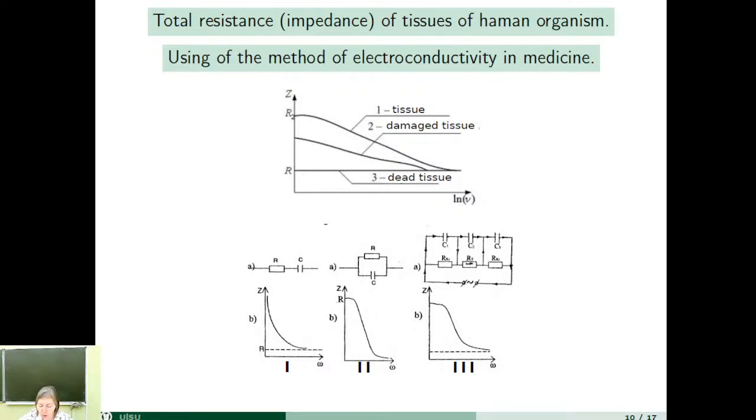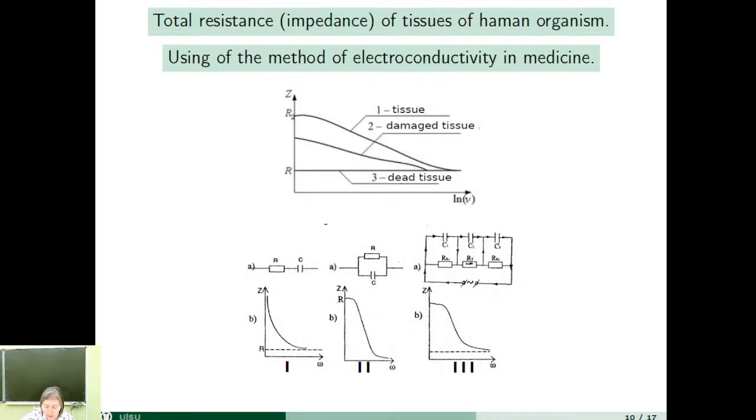Usually, frequencies of 10 to the power of 4 Hz and 10 to the power of 6 Hz are chosen for measurement. At a frequency of 10 to the power of 6 Hz, maximal electroconductivity is in many cases observed, and at a frequency of 10 to the power of 4 Hz, a change of the dispersion curves is observed.